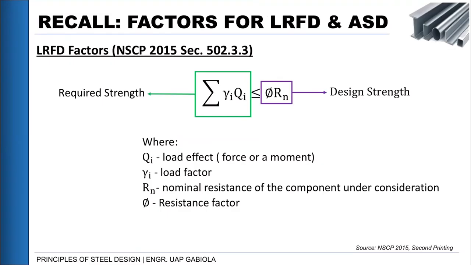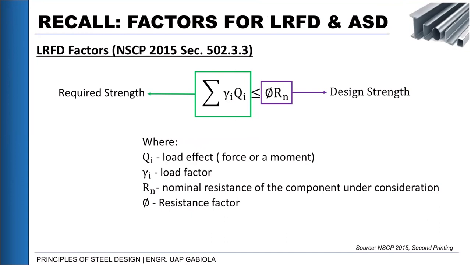For the loading side, or sa required strength side natin, we are multiplying yung load effect natin by a load factor na sabi natin typically greater than 1 yung value kasi we intend to amplify the effect of these loadings. And then we try to consider what particular loadings are present in the structure, then try to sum it up to get the most critical effect that we have dun sa structure natin.